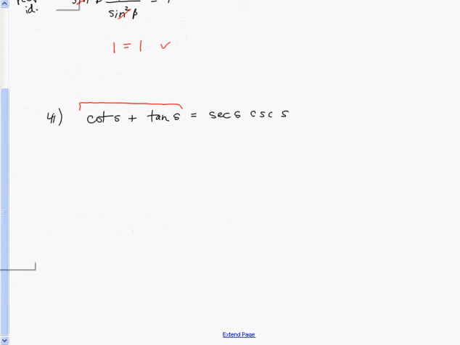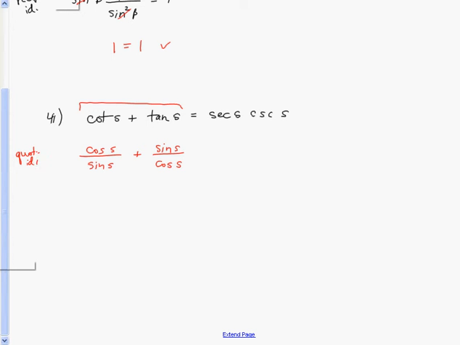I'm going to change things to sines and cosines just so I can think. That's the way I think. So cotangent is actually cosine of s over sine of s, and tangent is sine of s over cosine of s. These are the quotient identities.